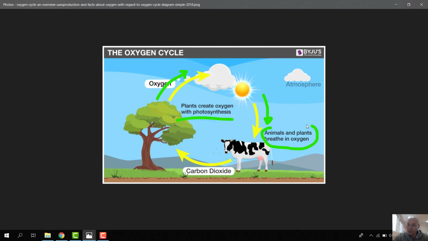Don't forget, plants are going to take in some oxygen too. And then they go through cell respiration. Oxygen is used during that in order to get energy from our foods. And a byproduct of cell respiration is carbon dioxide. They breathe it out. That carbon dioxide is then needed by the plants. Simple cycle, simple loop here, right?